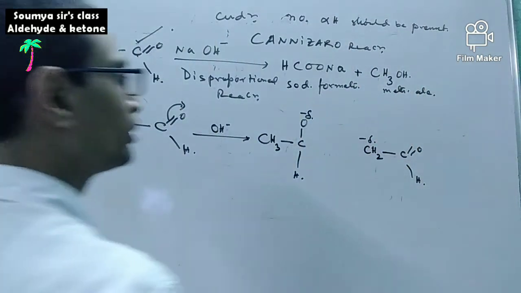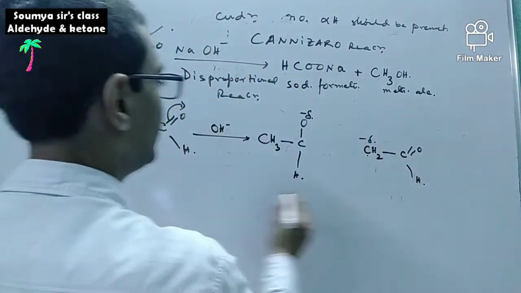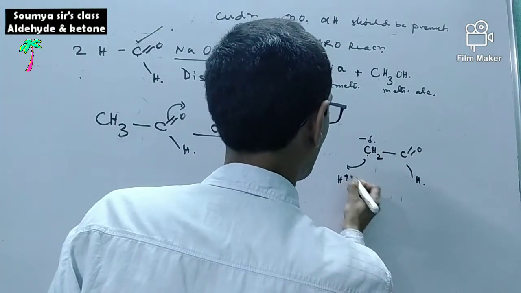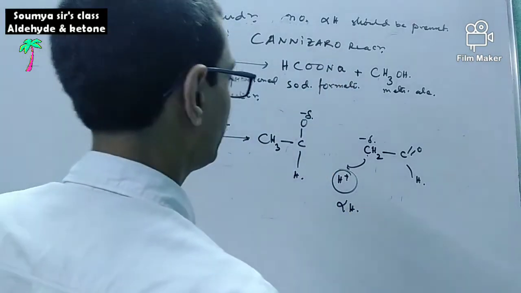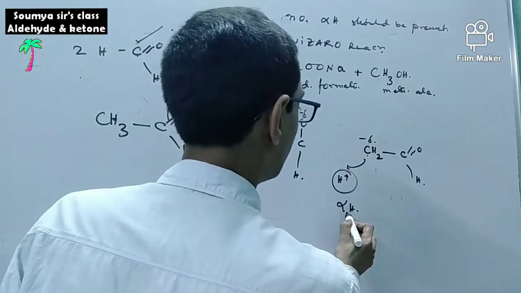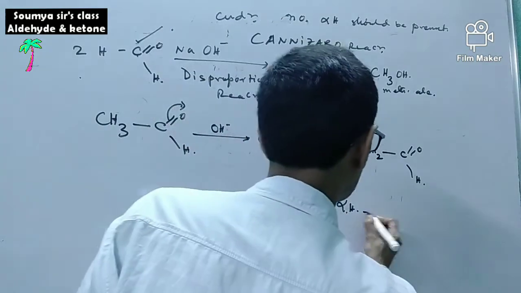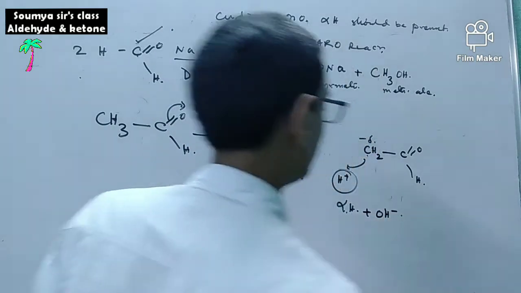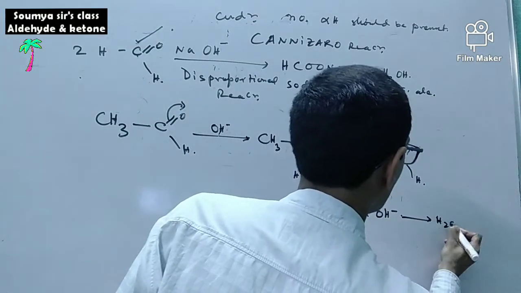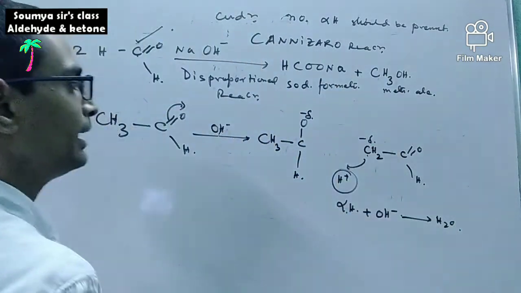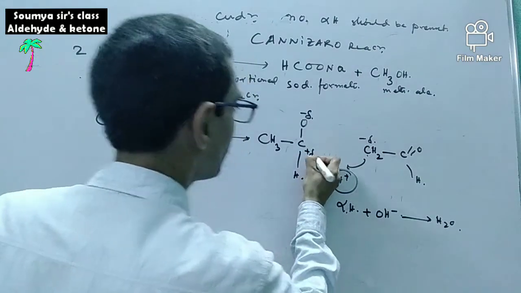How is it possible? Because another aldehyde gives off an alpha H plus, and the alpha H plus attacks the OH minus medium to form water. So here it is a negative tail and here it is a positive tail.